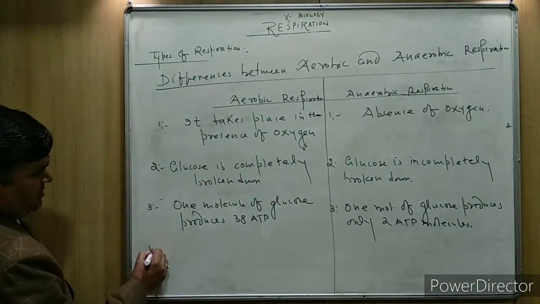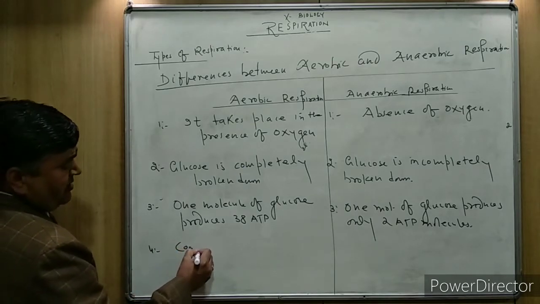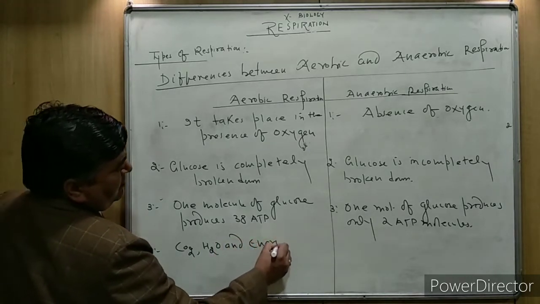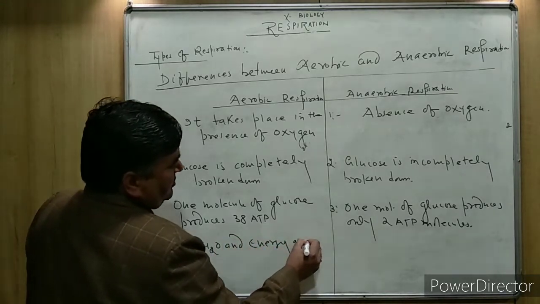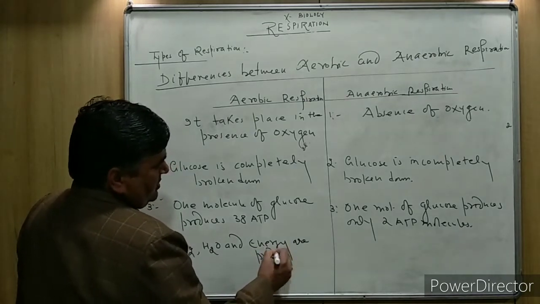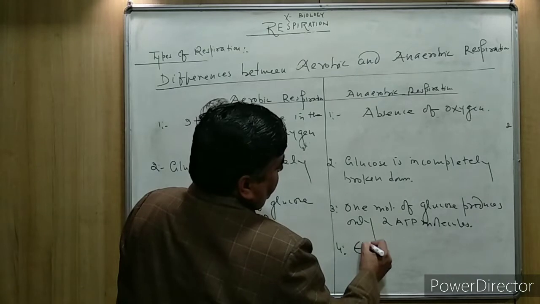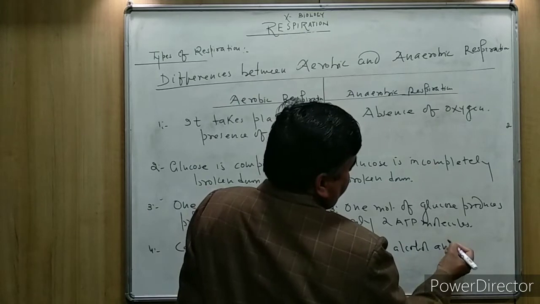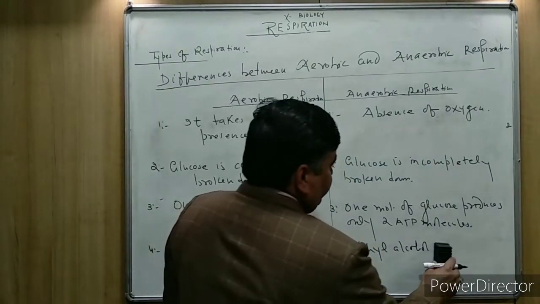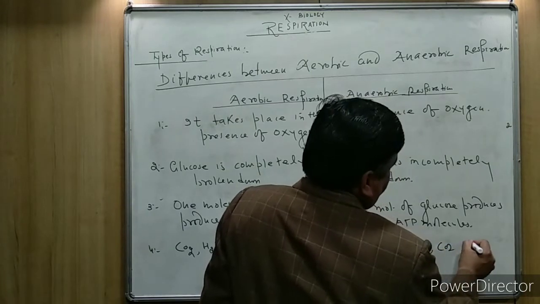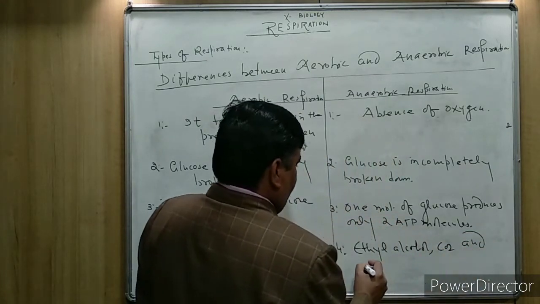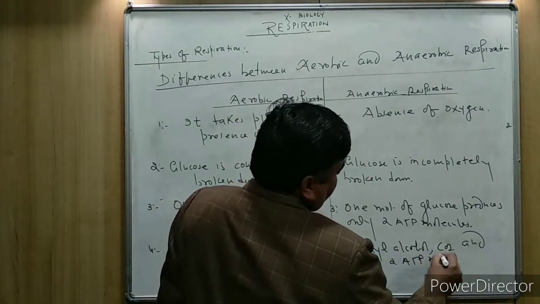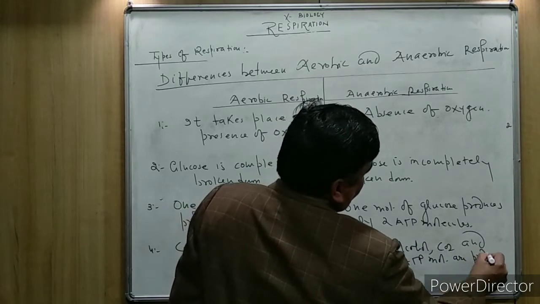Next, carbon dioxide, water and energy are produced. Here you can note down ethyl alcohol and carbon dioxide, and only 2 ATP molecules are produced.